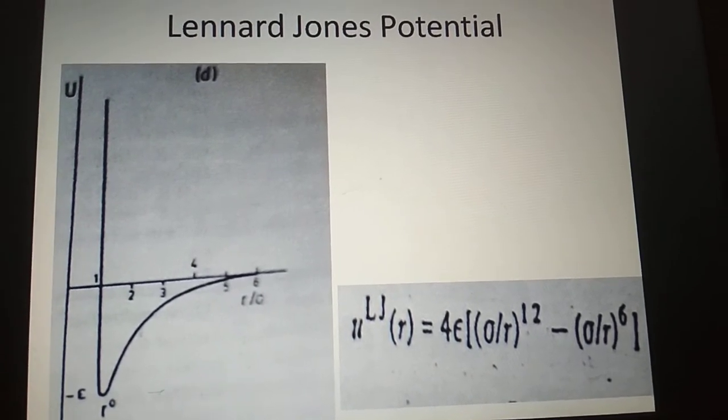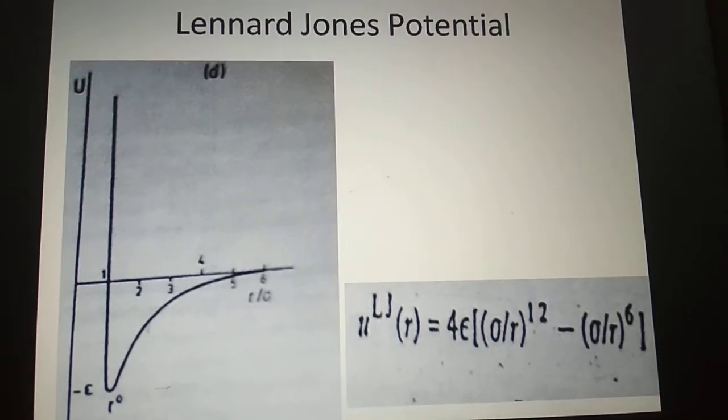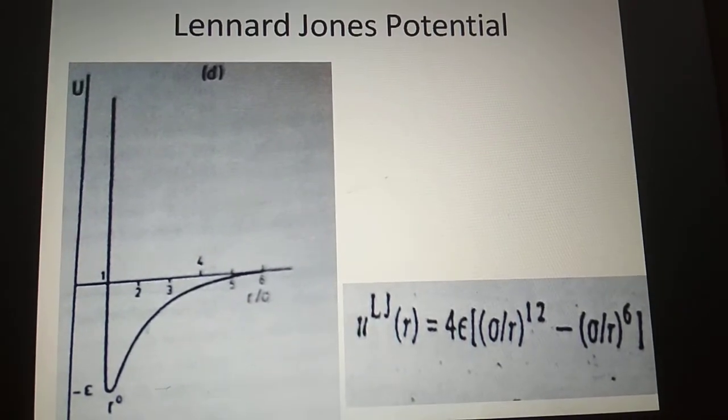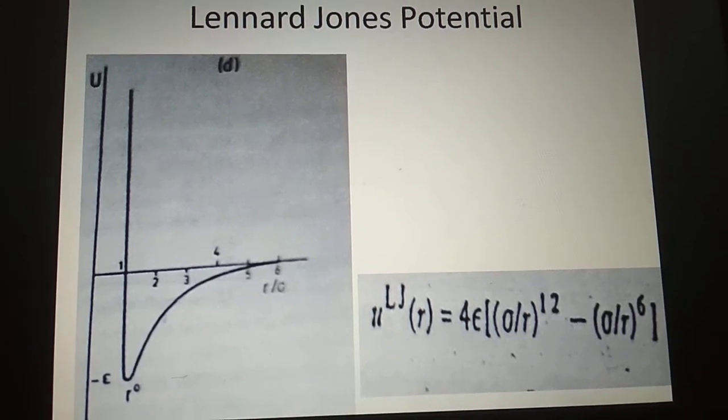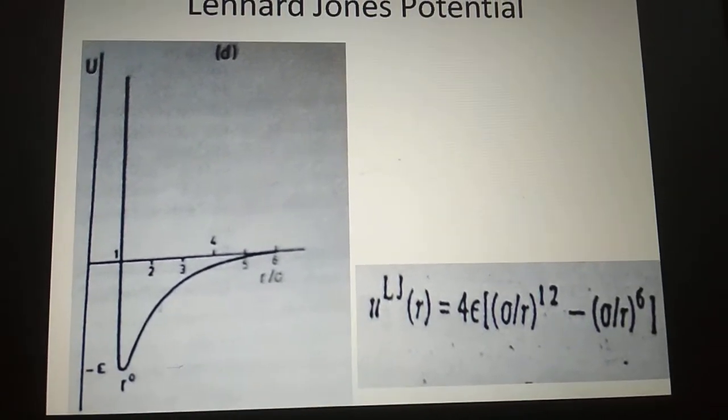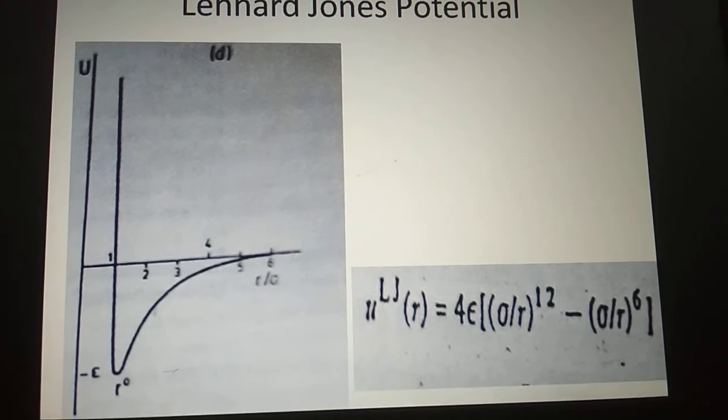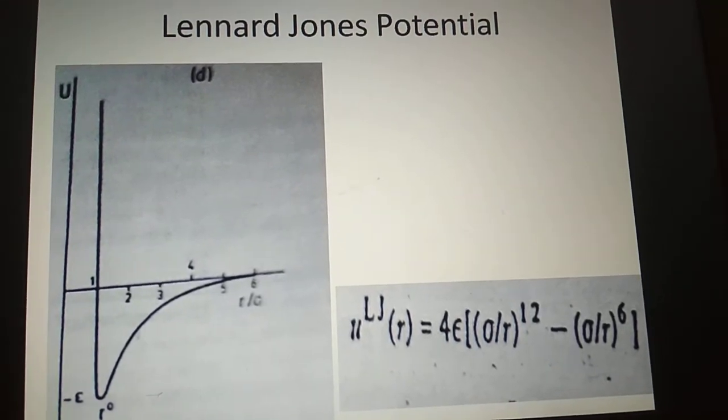The distance is related as Rm is equal to 2 raised to 1 by 6 sigma, which is almost equal to 1.122 sigma.